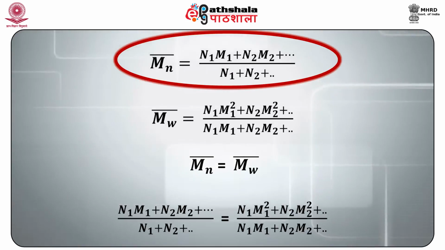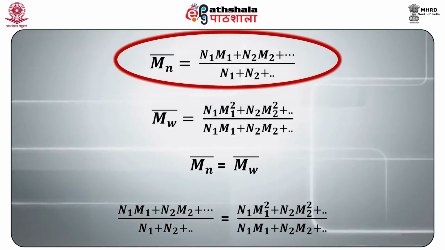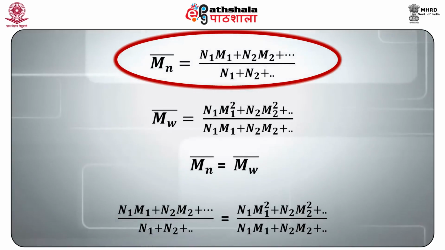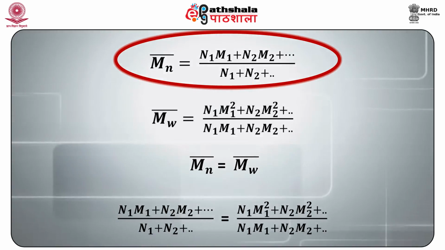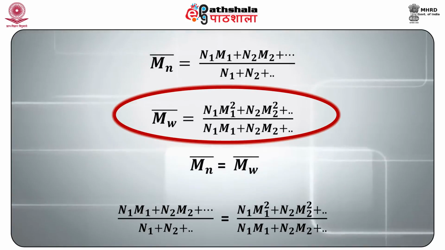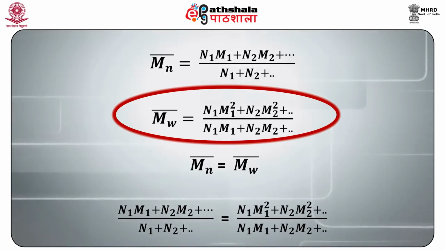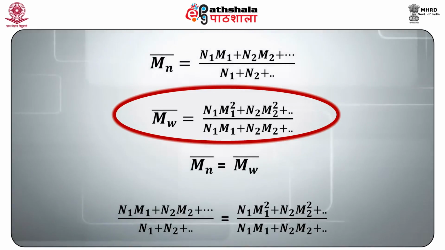Consider the condition when number average molar mass is equal to mass average molar mass, that is Mn equals Mw. Mn bar is given by N1 M1 plus N2 M2 plus so on, divided by N1 plus N2 plus so on. Mw bar equals N1 M1 square plus N2 M2 square plus so on, divided by N1 M1 plus N2 M2 plus so on.